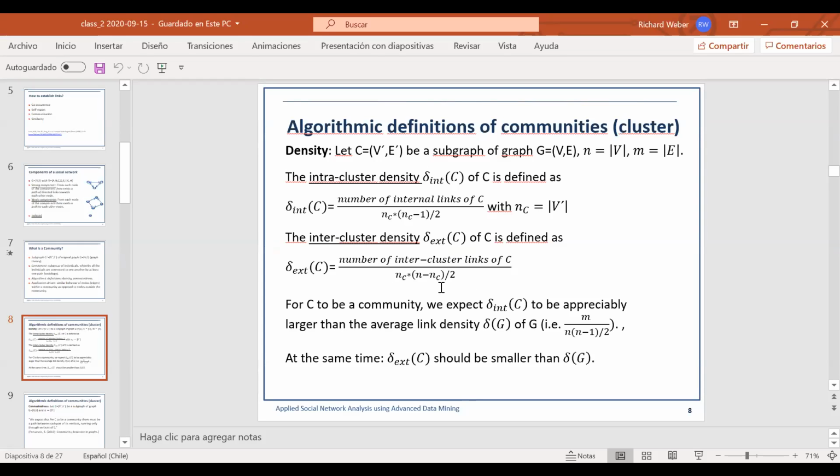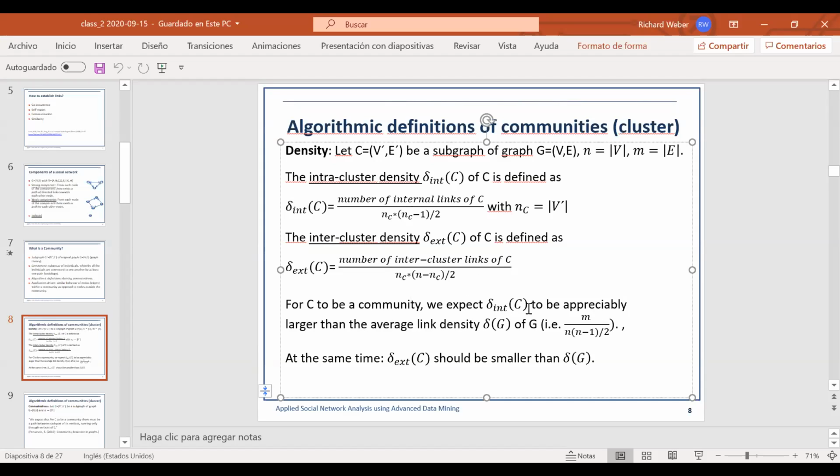Okay. So having said that, having defined those two densities, now we know how to define a community for a subgraph C to be a community. What do we expect? We expect to have the intracluster density high and the intercluster density low. That's what we express here.